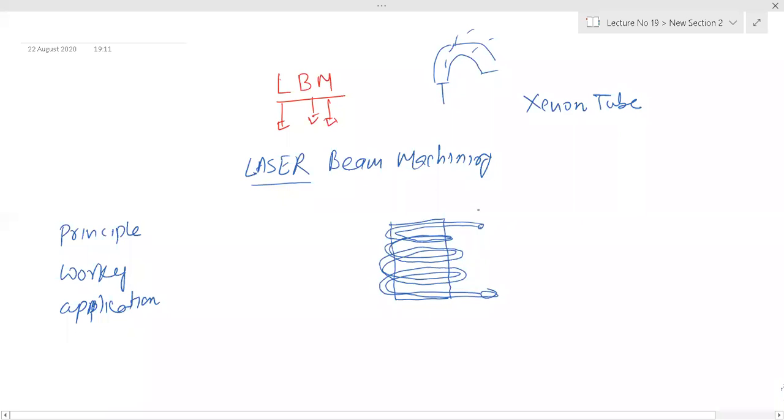So it is in a tube, right? We call it a xenon tube, and this one is your ruby crystal. So the xenon tube is placed around the ruby crystal, and the internal surfaces are made very reflective. So basically, we pass white light.